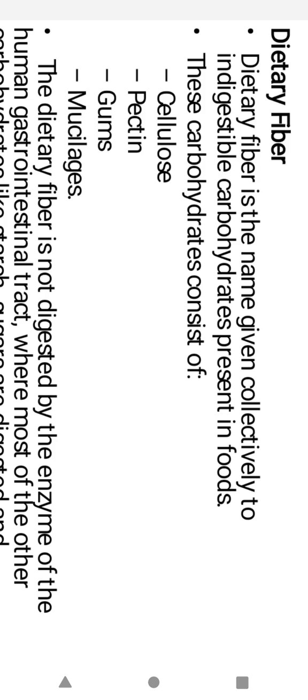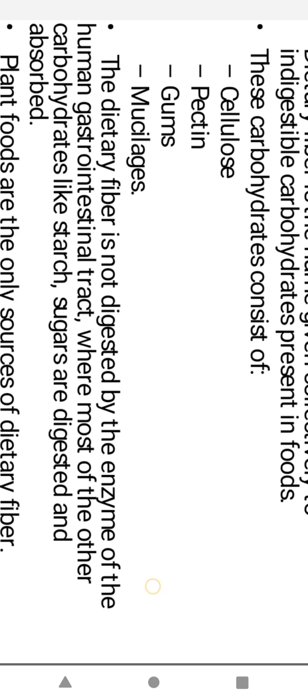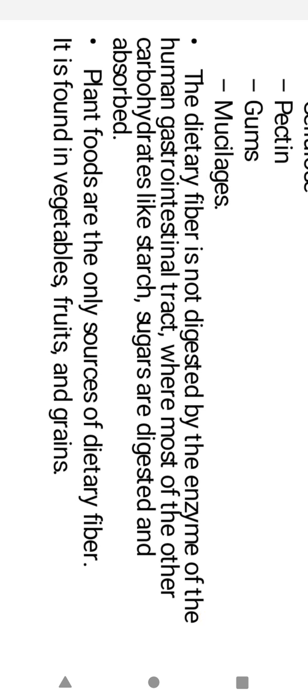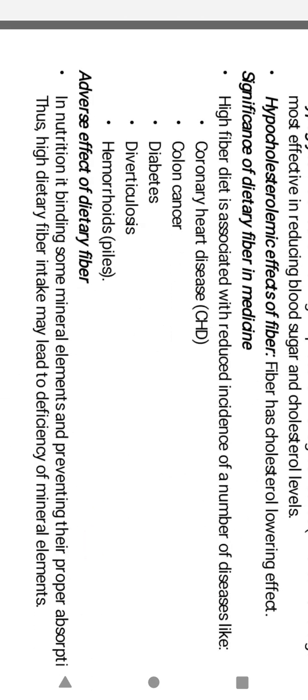Some of these are cellulose, pectin, gums, mucilages, hemicellulose, lignin, etc. Dietary fiber is not digested by the enzymes of the human gastrointestinal tract, where most of the other carbohydrates like starch and sugars are digested and absorbed. Plant foods are the only sources of dietary fiber. It is found in vegetables, fruits, and grains.